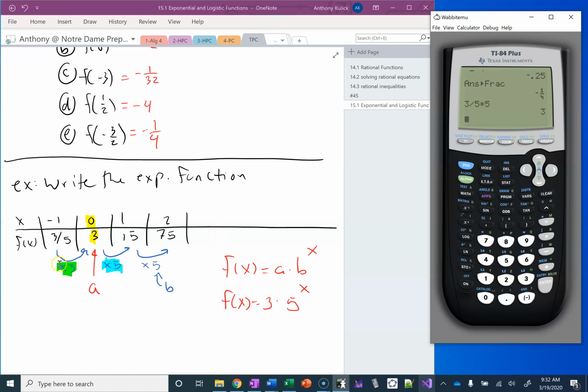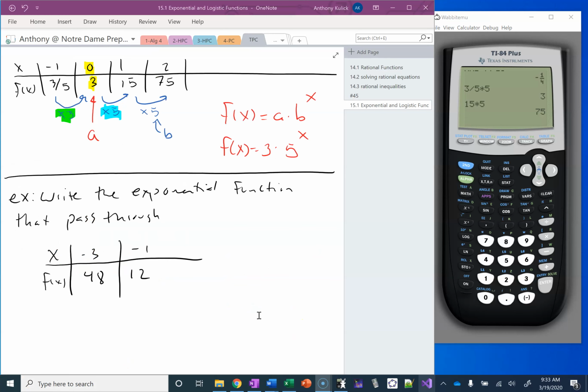So you could figure that one out just by testing it after you get this one, which is an easy one to get. You just need to check that it does work at every step along the way. And maybe 15 times 5 isn't obviously 75 to you. Again, just check it to make sure that it does work, and it does. So we're good there. Next example.